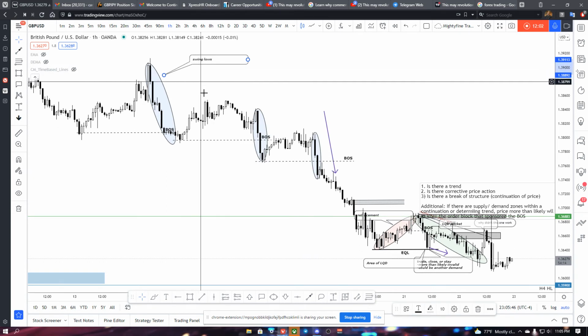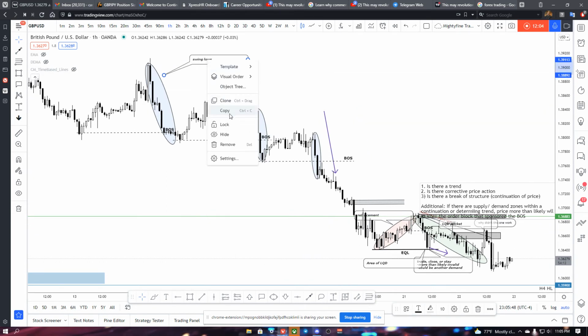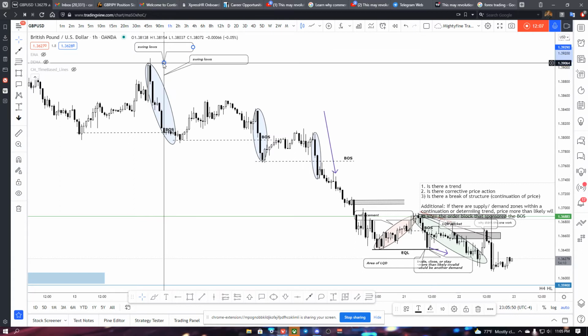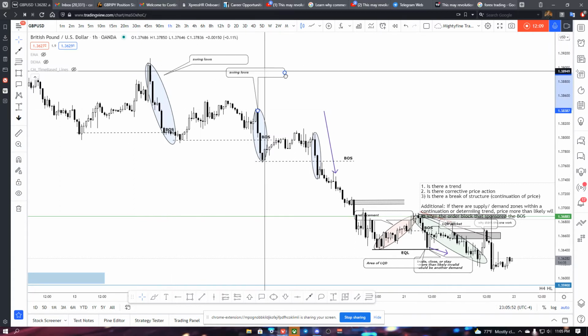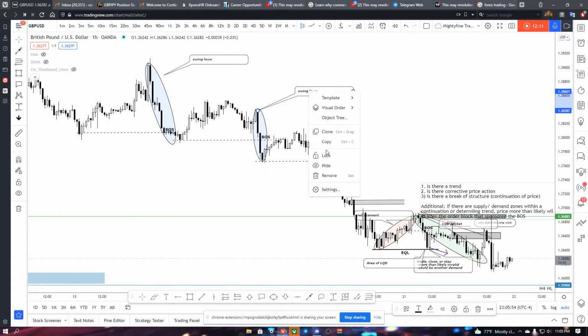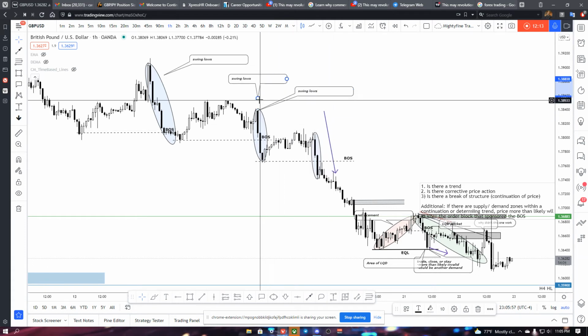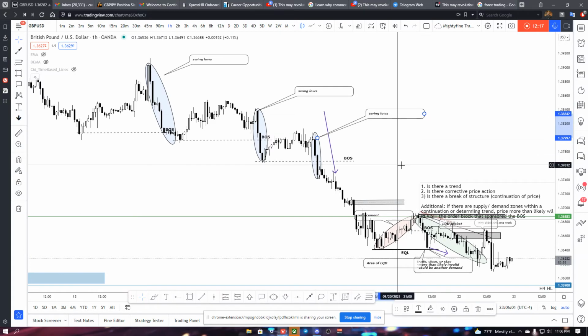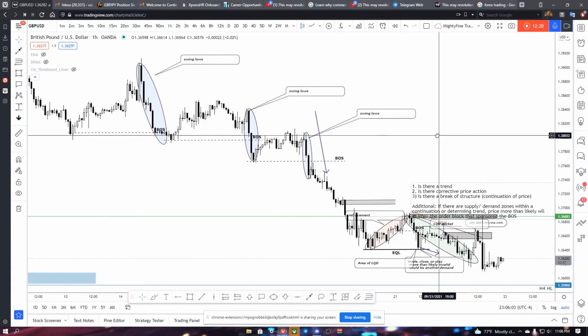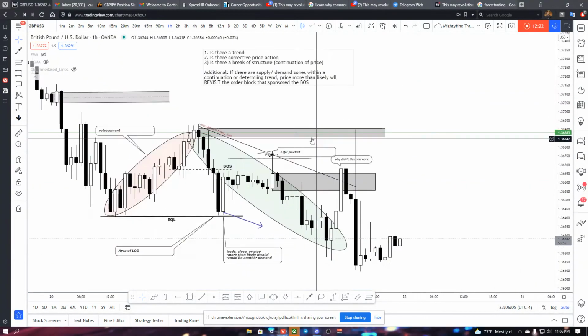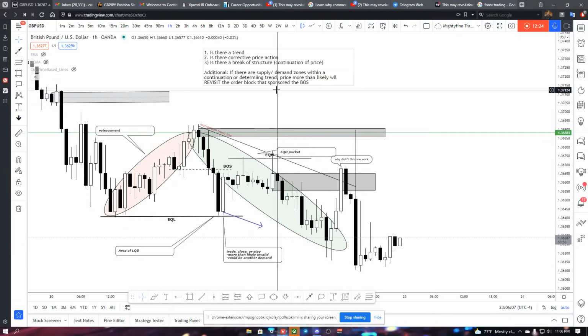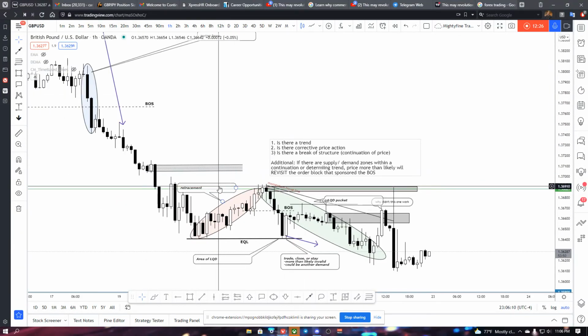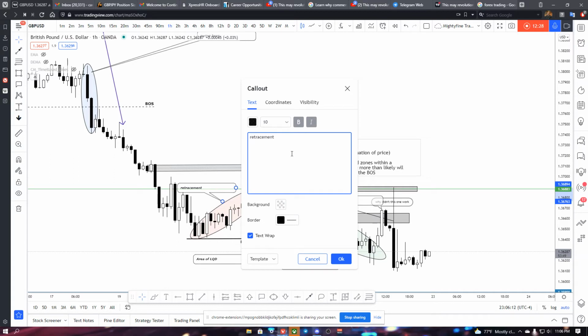Swing low, swing low, swing low. This is what I like to see. Is there corrective price action right over here in current time?